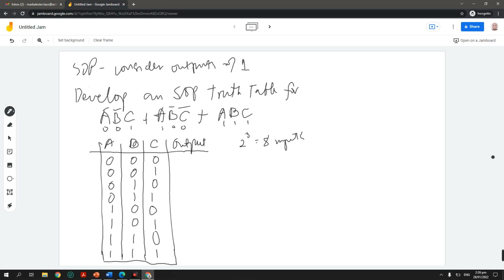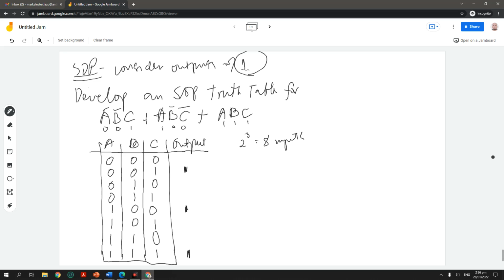Therefore, these input combinations will give the output of 1 because, as we have mentioned, we are to develop a truth table using the SOP, and SOP will consider the outputs of 1. So 0, 0, 1 will have an output of 1. 1, 0, 0 will have an output of 1. And lastly, 1, 1, 1.